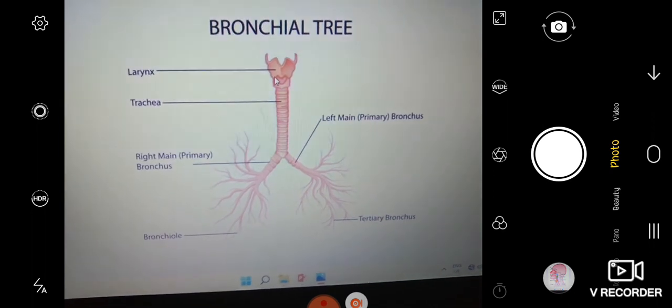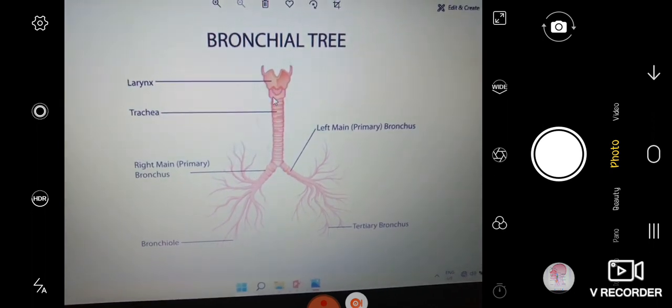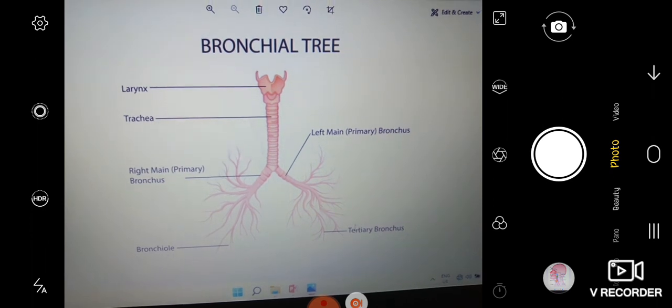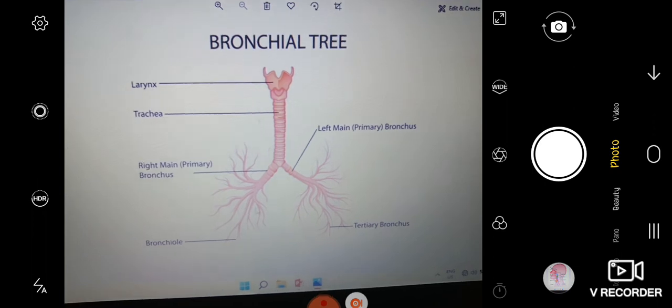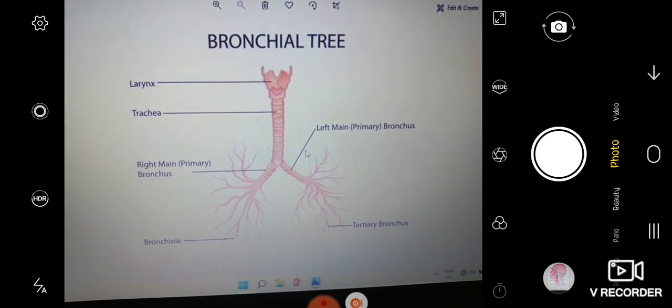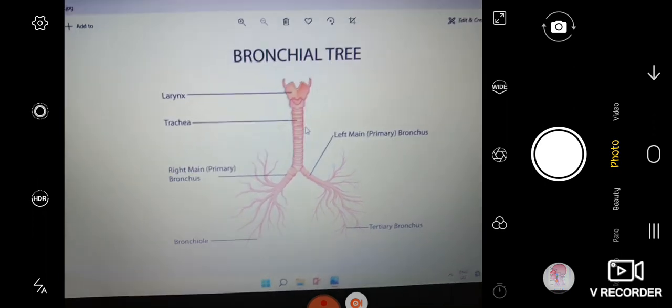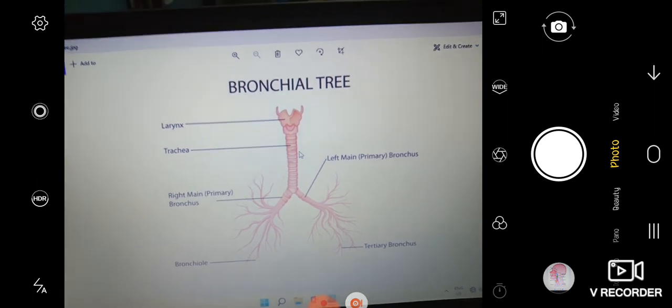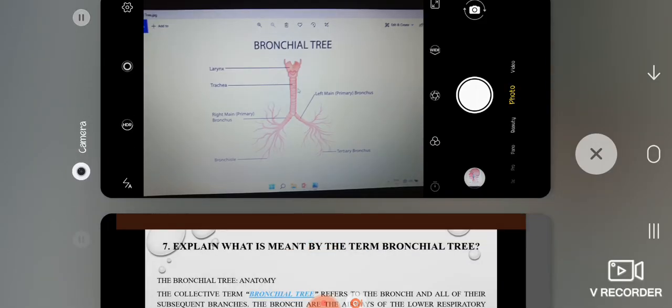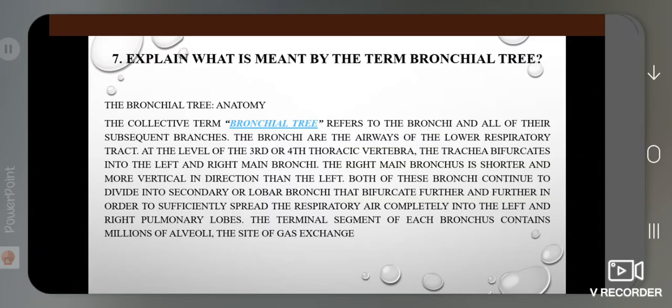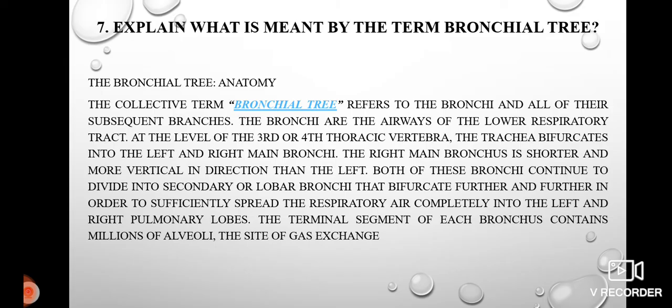So yun ang bronchial tree. So in the simplest term, the bronchial tree is a tree that modifies how the air passes through our respiratory system. So yun yung pinaka-basic function or basic explanation sa bronchial tree.